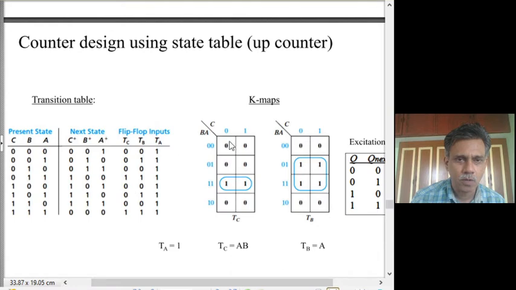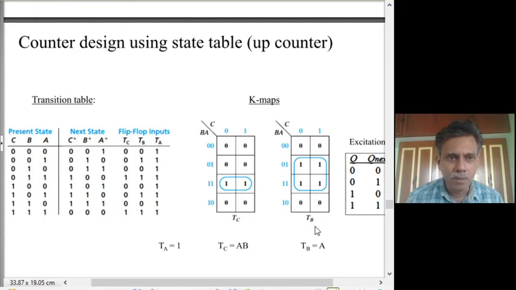That is, you have to put 0 0, 0 1 0, 0 0 1 0. This is how TC is being put. Then now we can reduce it. There are 2 ones, so club it together. So C goes away. You read this term as BA or AB. So TC is nothing but AB.